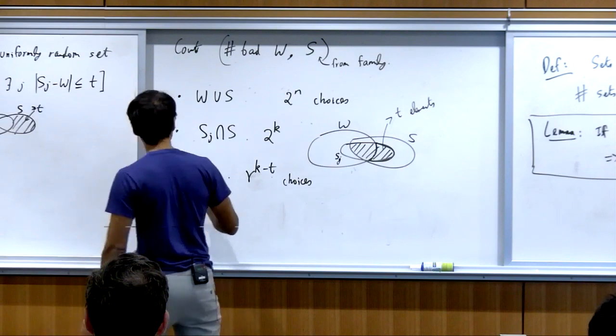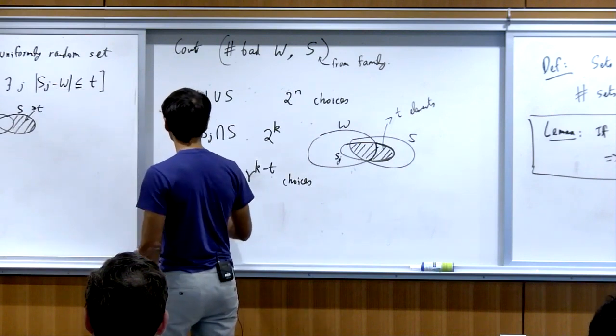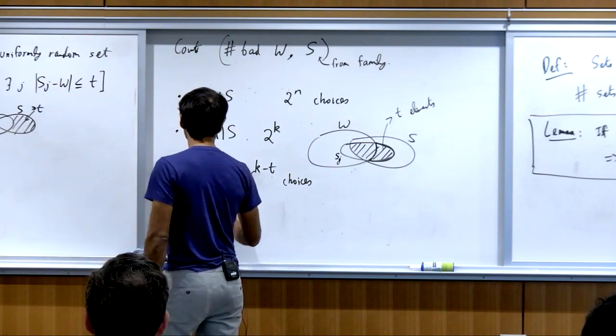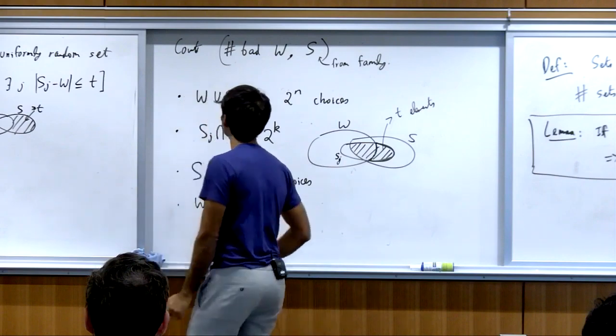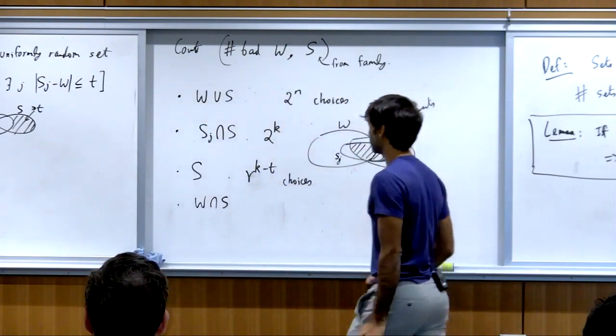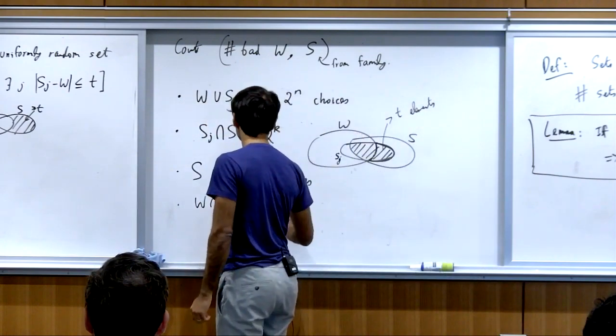Okay, and then once I know S, I can specify W intersect S. This is 2 to the k choices.